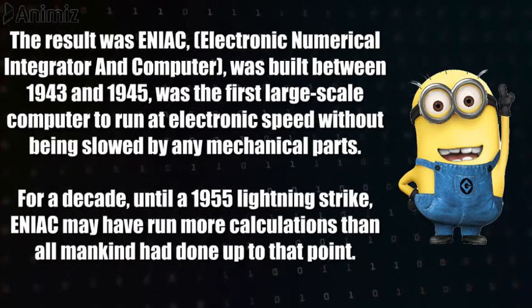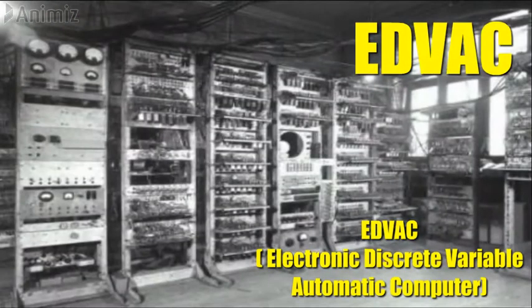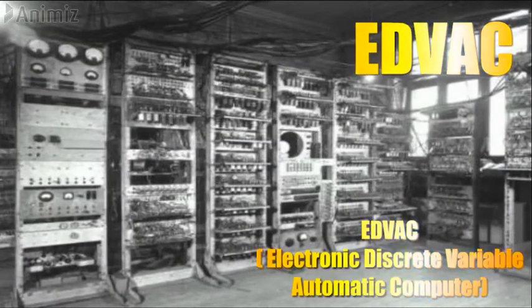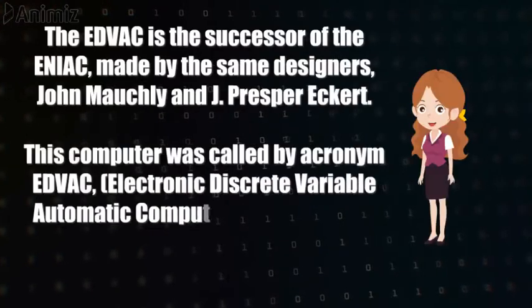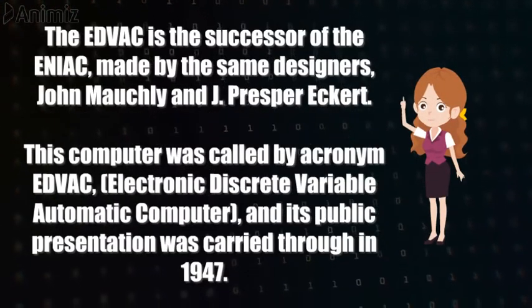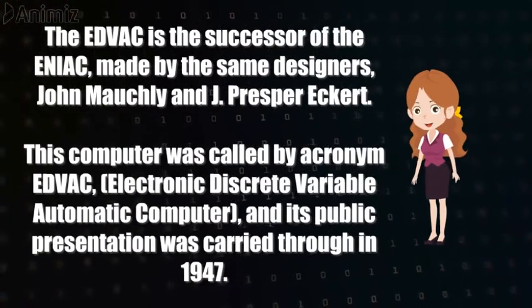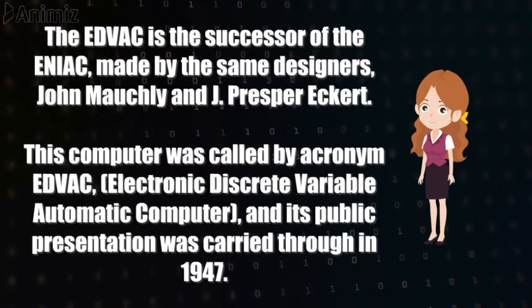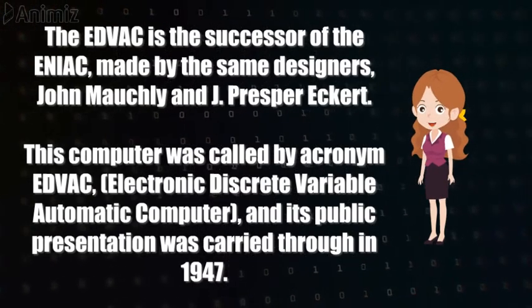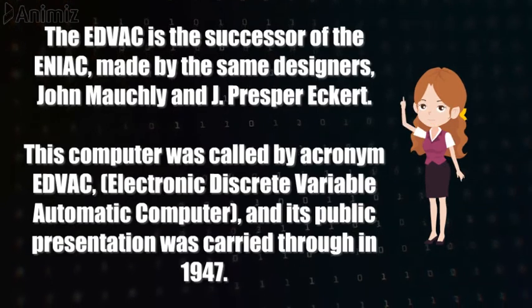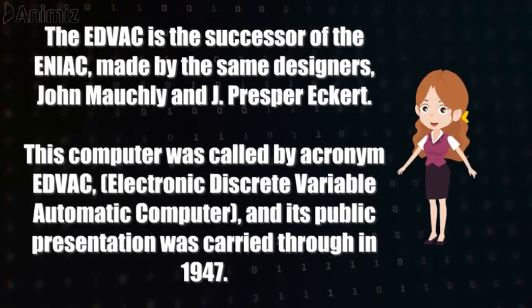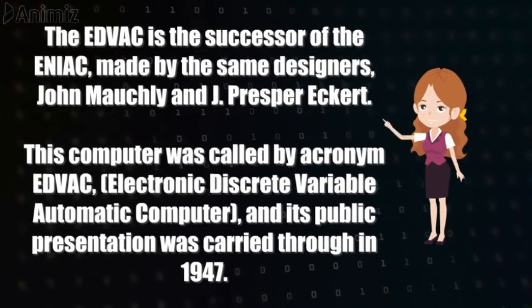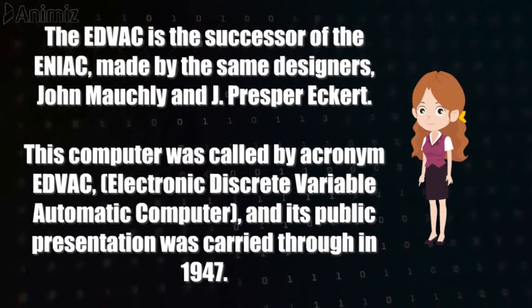to that point. EDVAC, Electronic Discrete Variable Automatic Computer. The EDVAC is the successor of the ENIAC, made by the same designers, John Mauchly and J. Presper Eckert. This computer was called by the acronym EDVAC, and its public presentation was carried through in 1947.